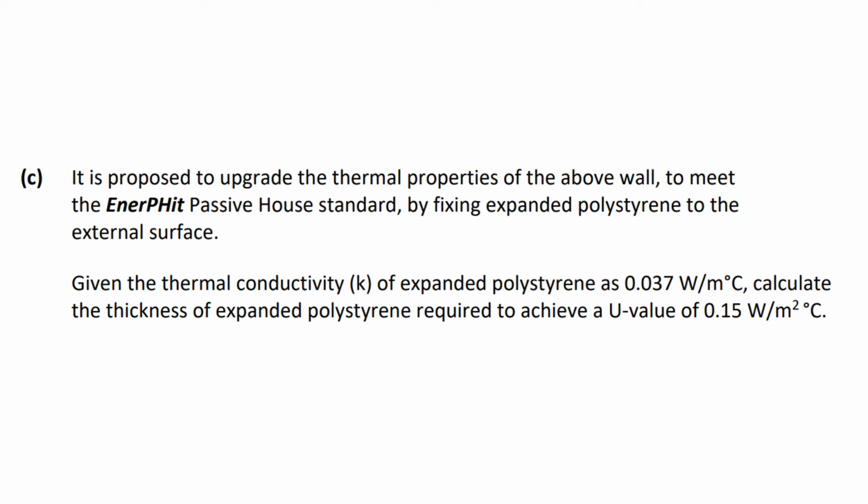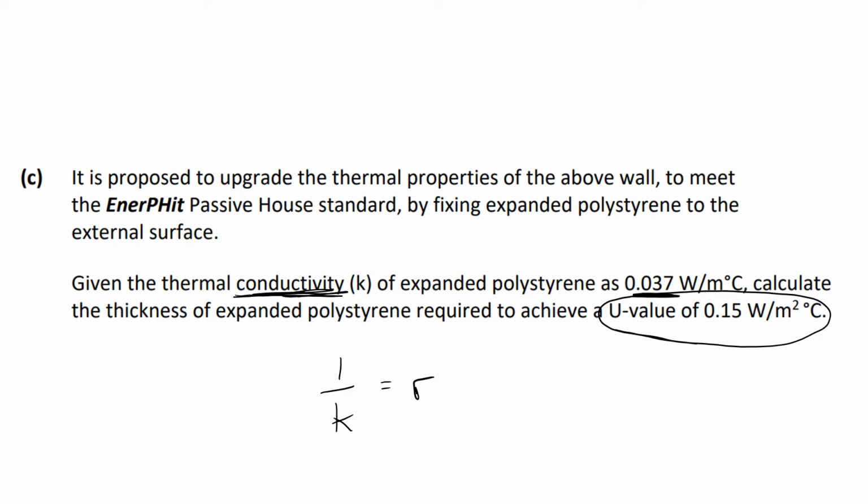So the most important pieces of information I can take out of it is the conductivity value. We know that if we divide 1 all over K, it will give us our resistivity. We're then given the value of 0.15 as our desired U value for the entire wall, and that's the hardest part to get your head around.